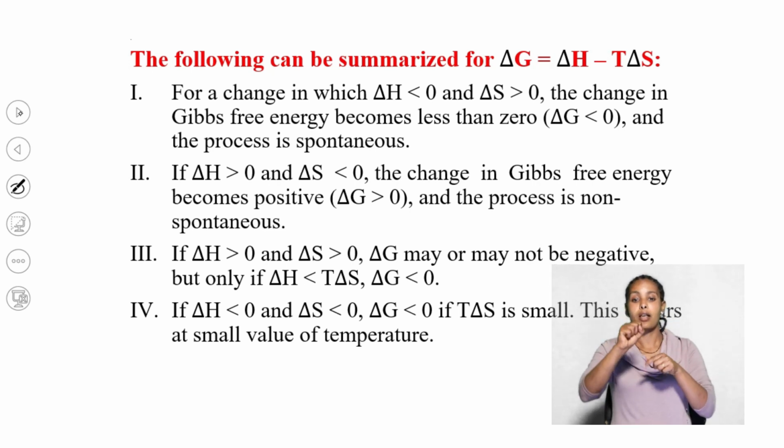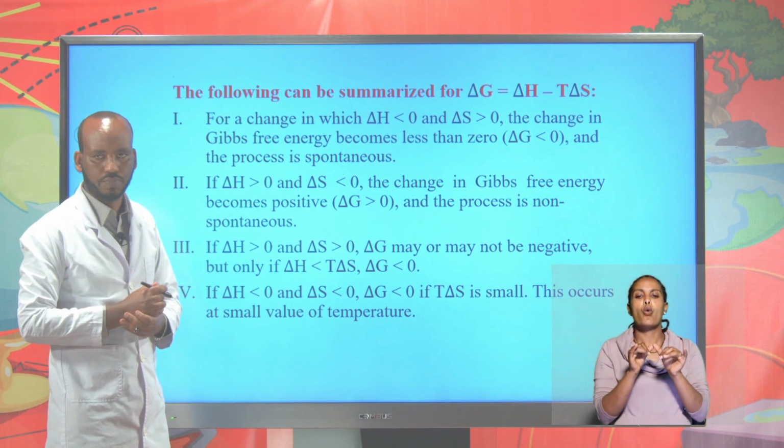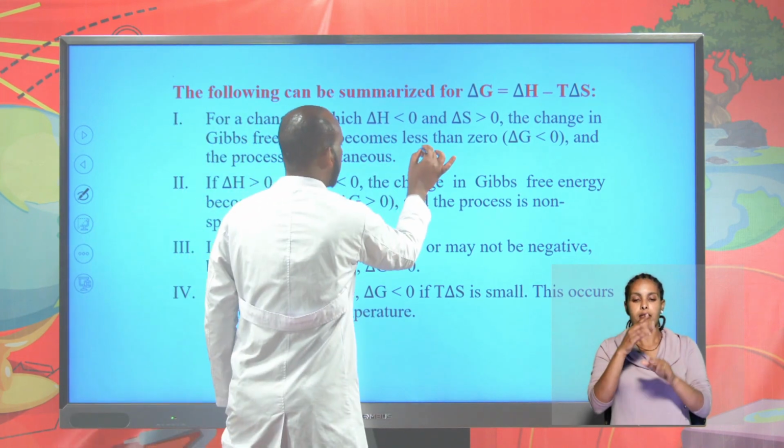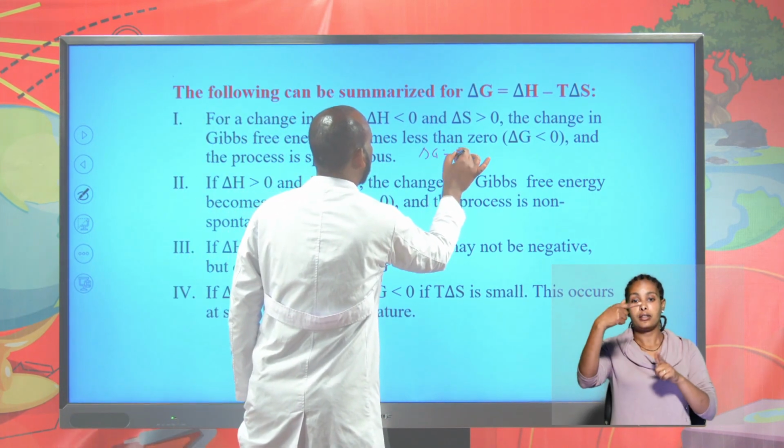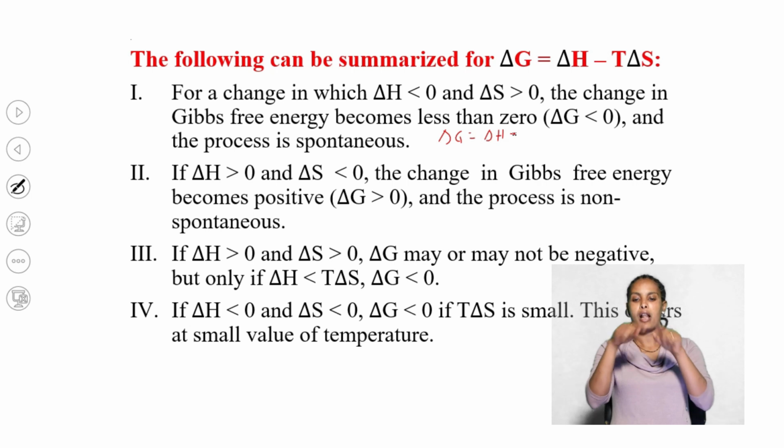1. For a change in which delta H is less than 0 and delta S is greater than 0, the Gibbs free energy change becomes less than 0. Delta G is less than 0 and the process is spontaneous. The Gibbs free energy change delta G relates delta H with entropy through this equation.